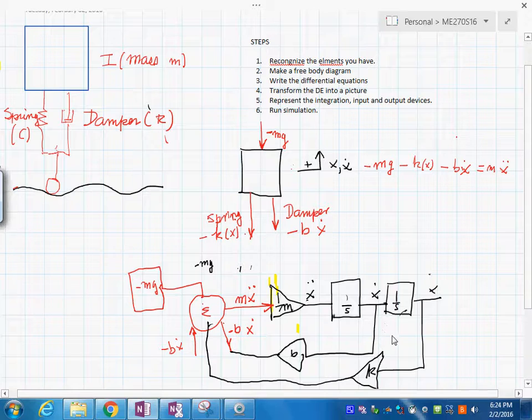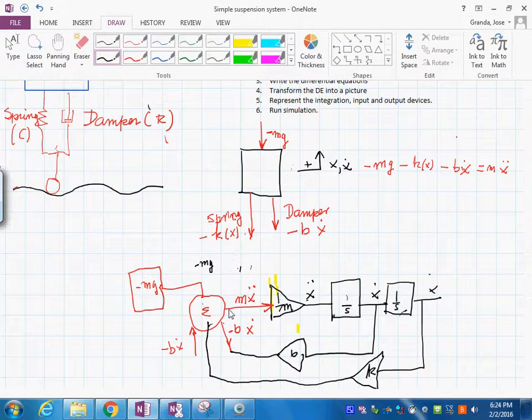So this is how we do the block diagram method. I think there's a small mistake in here.